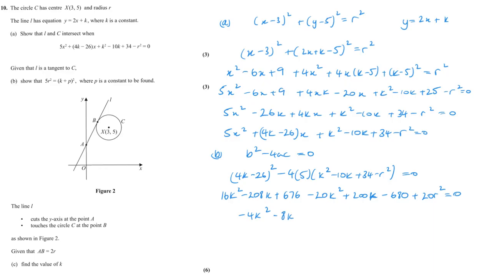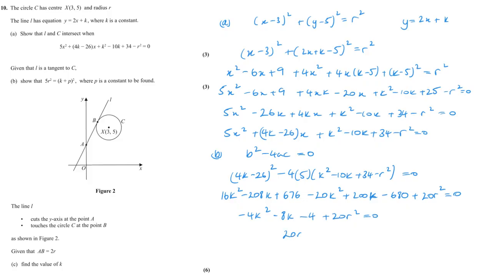And then 676 minus 680 is minus 4, and then we've got plus 20r squared equals 0.